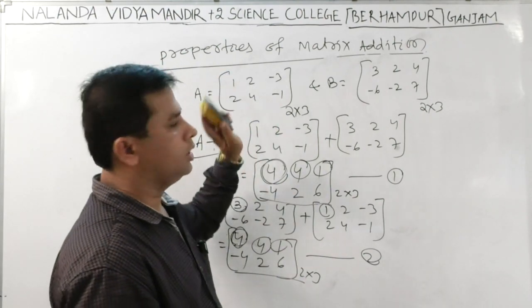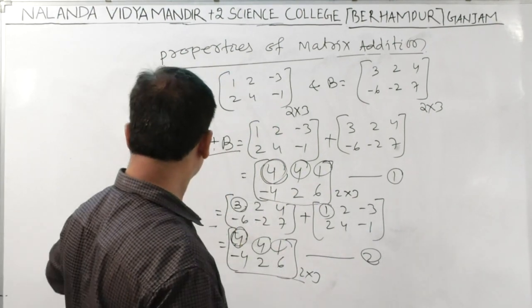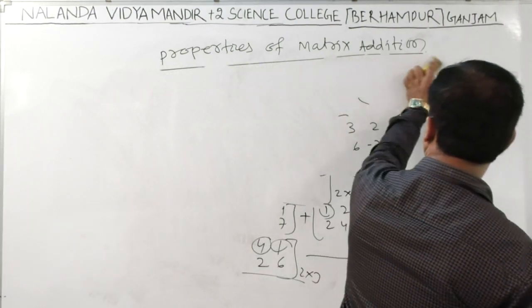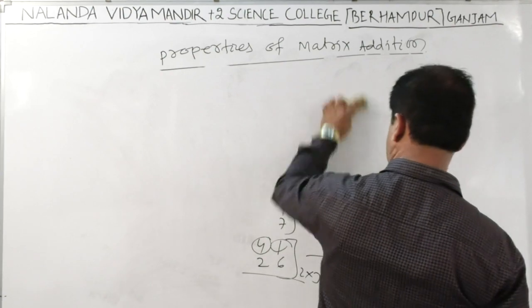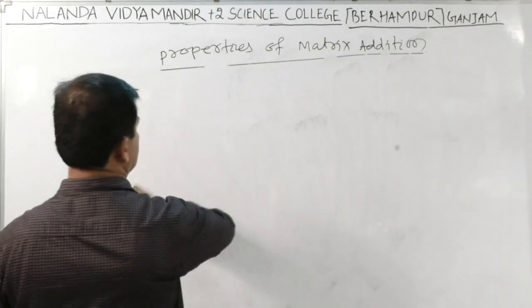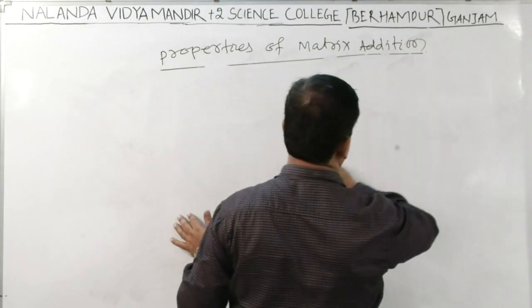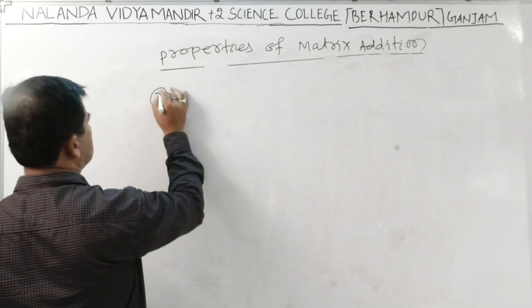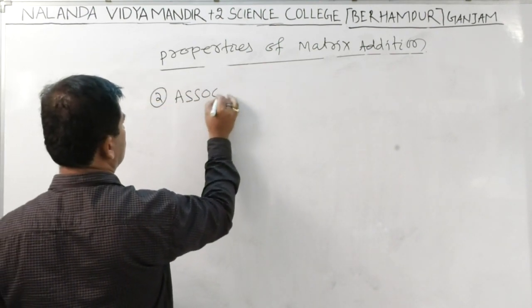This holds for matrix addition. Now, the associative property. The second property is associative.